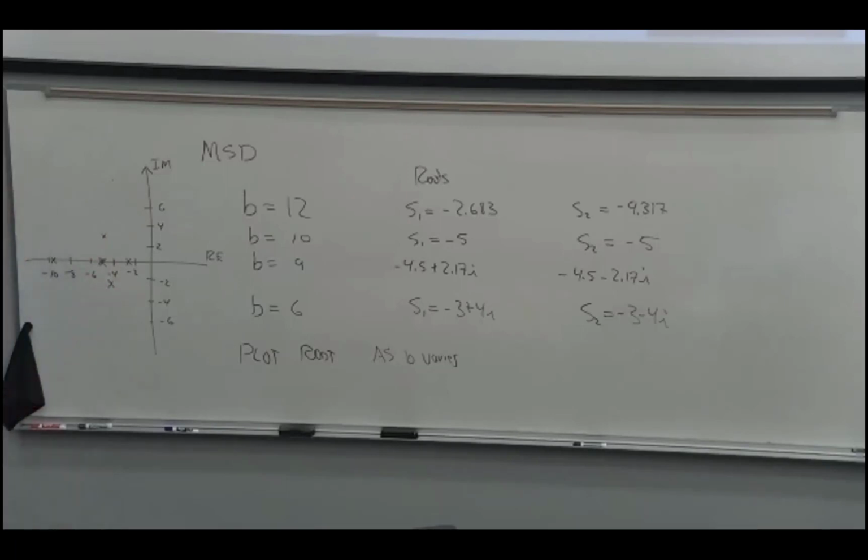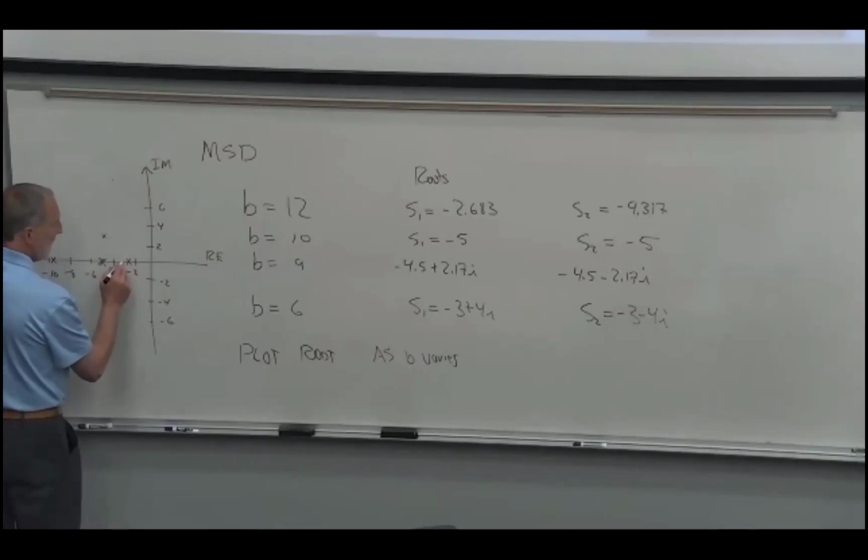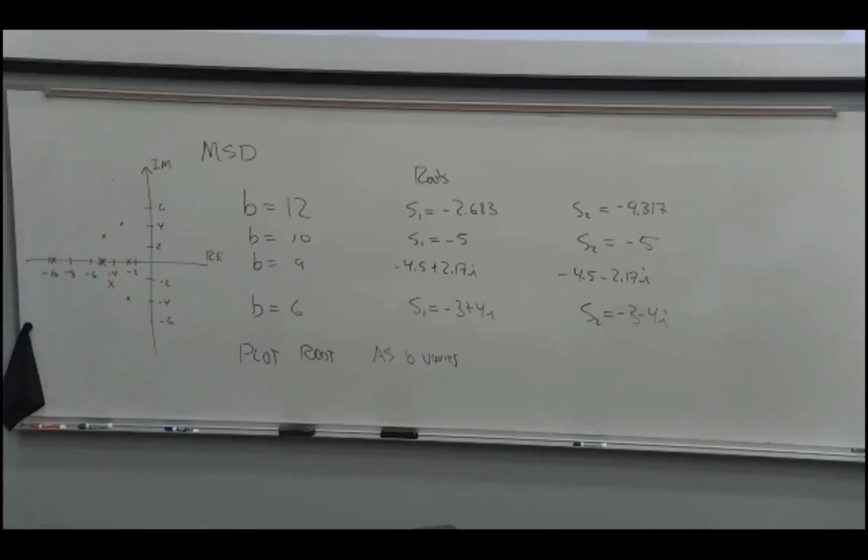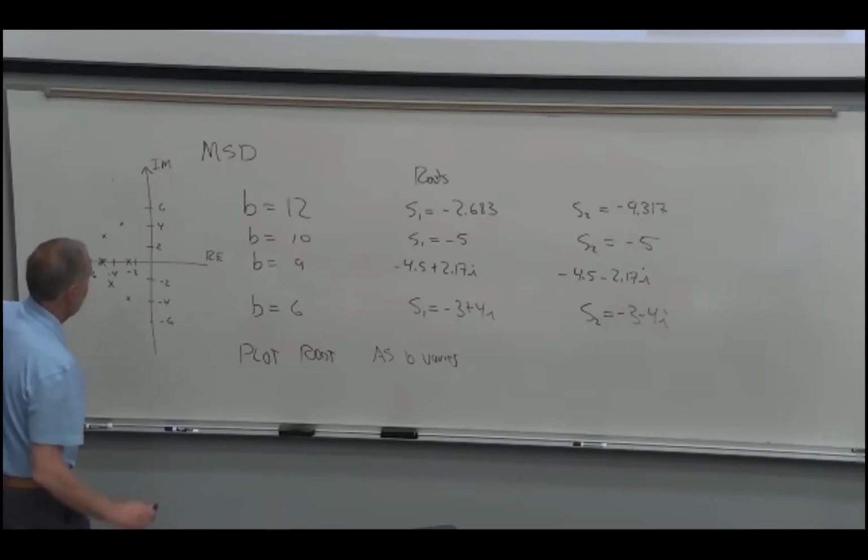And then 6 is at minus 3 plus or minus 4. And so you can look at that and say, oh, this is a design tool for picking B for my system. And it's called a root locus plot.